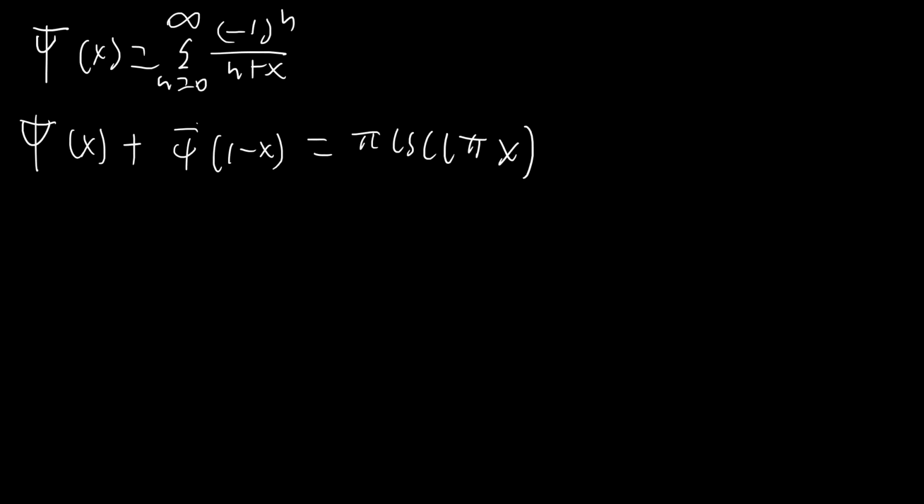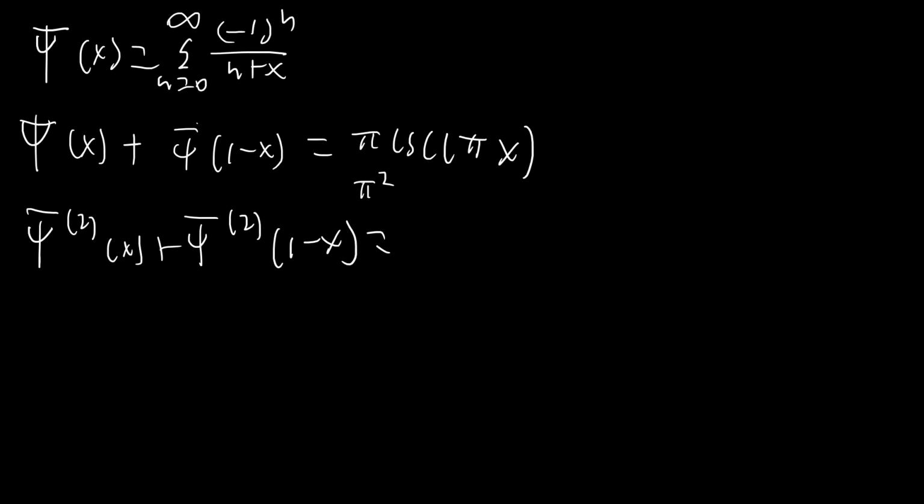So when we differentiate twice, we're just going to get digamma 2 bar of x plus digamma 2 bar of 1 minus x. Because of chain rule, we're going to multiply by -1 twice, but those are going to end up canceling. And on this side, differentiating once would just give us negative pi squared cosecant cot of pi x.